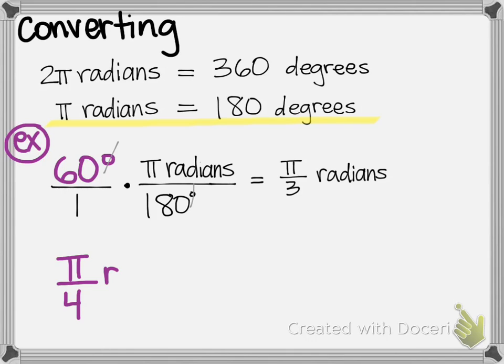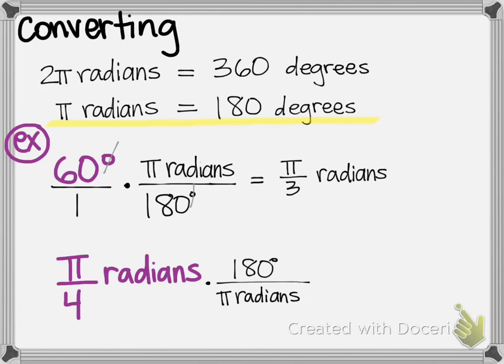I can take this same idea, the same ratio, pi radians equal to 180 degrees. Those are radians, pi over 4 radians. So if I'm going to multiply that by the ratio 180 degrees over pi radians, my radians will cancel, and I'm left with 45 degrees. So using pi radians equal to 180 degrees allows us to go from degrees to radians and radians to degrees.